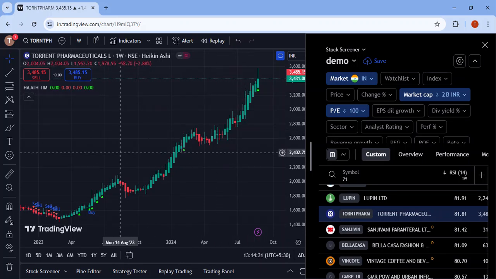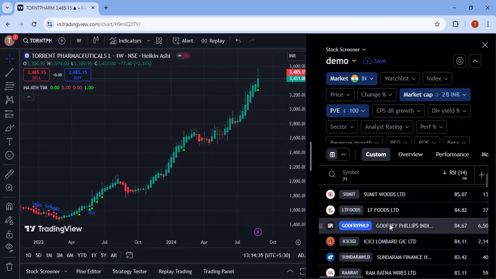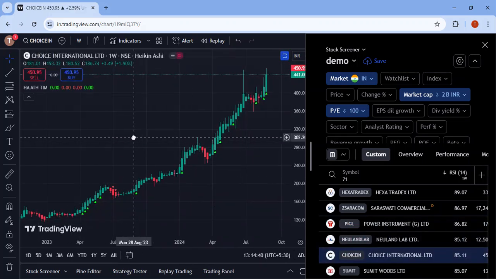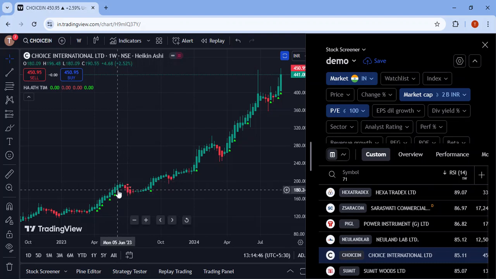The second one is how to sell, or when to sell, the stock. As an example, I'm just taking one particular stock here, Choice International. Currently, there is no sell signal, but if you see here, there are a couple of partial sell signals. Assume that there is a partial sell signal back to back, or maybe even one partial sell signal.